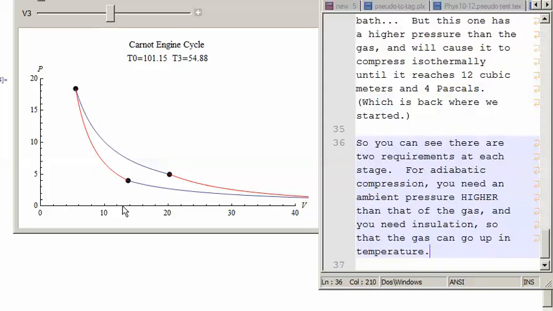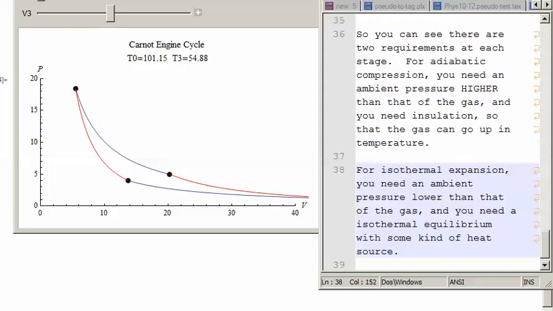So you see, there are two requirements at each stage. For adiabatic compression, you need ambient pressure higher than that of the gas, and you need insulation so that the gas can go up in temperature. For isothermal expansion, you need an ambient pressure lower than that of the gas, and you need thermal equilibrium with some kind of heat source, here at 101.15 degrees Kelvin.